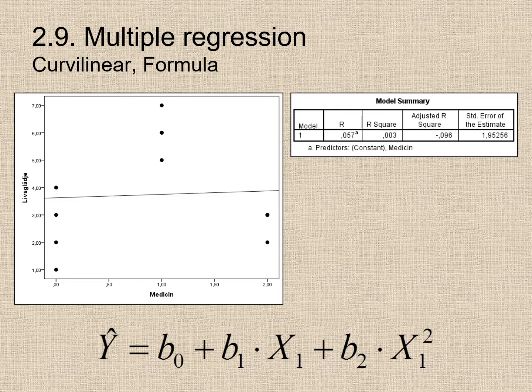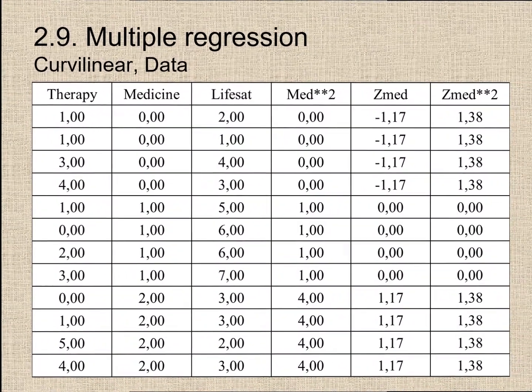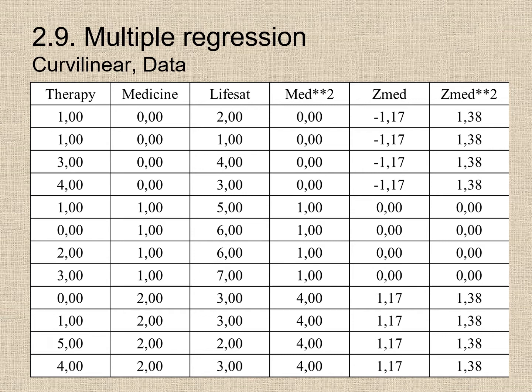But I try a bit differently here. I standardize the medication values. So we take those values and we standardize them, and we get these values. So this person, for instance, with a value of 1.17, what do we know about this person?